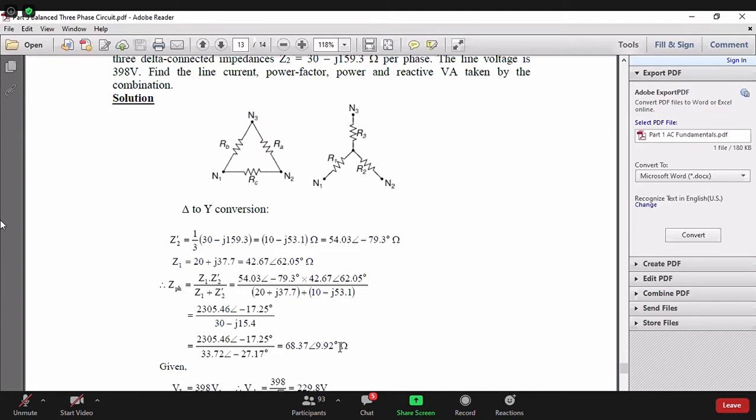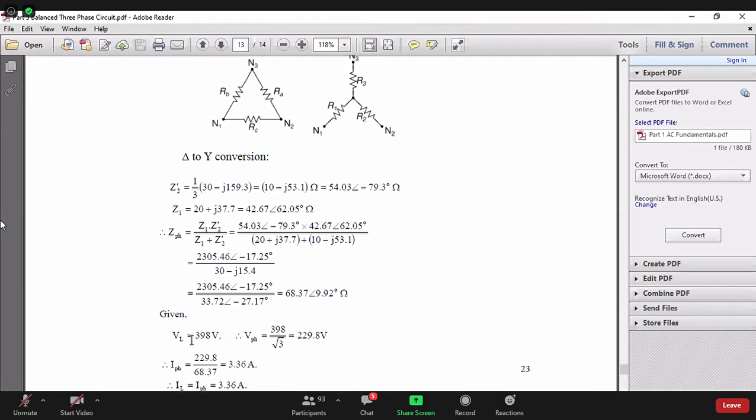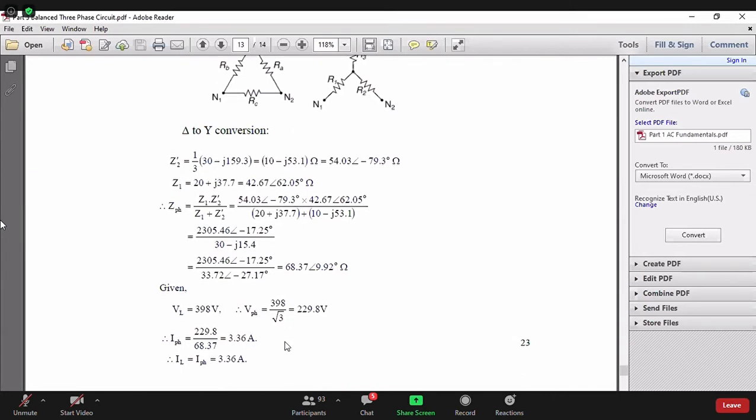Of course, you have to do the calculation. Then you take the line voltage. But as I said, never solve using line quantity, convert it to phase voltage. Star connection, so line voltage by √3. Then phase current is phase voltage by phase impedance. What is the phase impedance? I did this calculation, so 68.37.